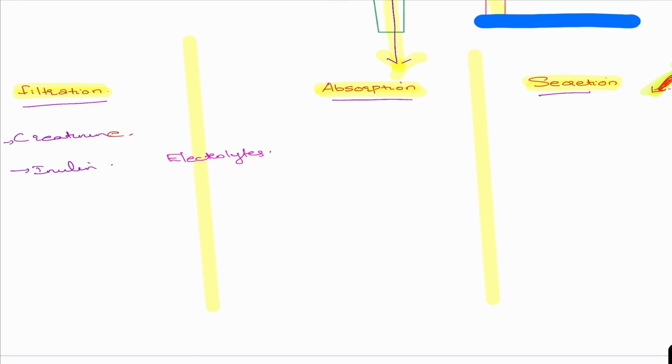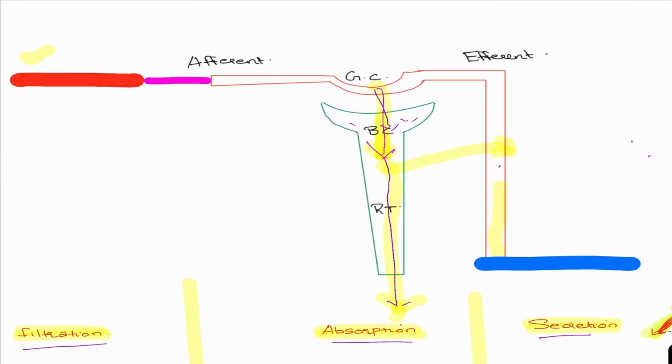Now there are some other substances which are filtered and completely reabsorbed. A very typical example is amino acids and glucose. You know that proteins are not filtered, only amino acids are filtered.